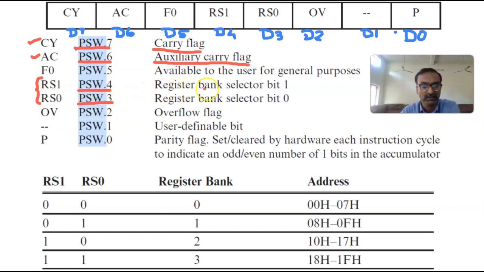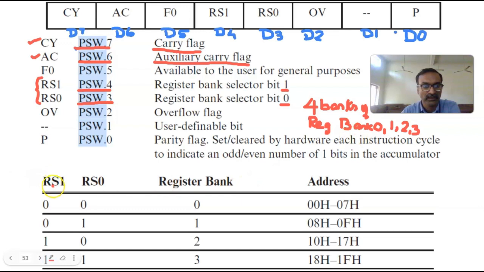So you can see register bank selector bit 1 and register bank selector bit 0. So 2 bits can be used to select one of the 4 banks. We have already learned that there are 4 banks of registers: bank 0, bank 1, bank 2, bank 3. To select one of the banks, we are going to use this combination of RS0 and RS1.